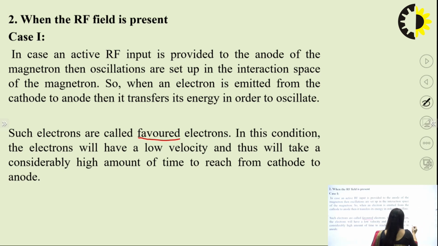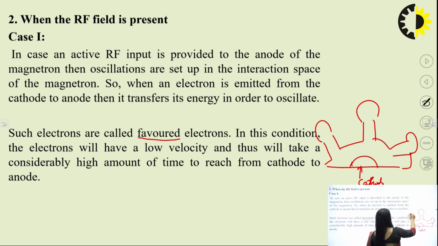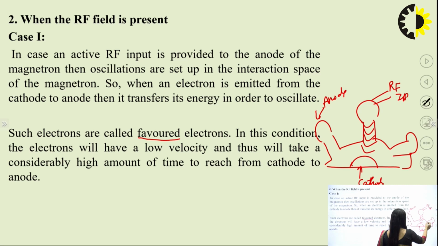If I draw a diagram of this magnetron like this, these are the cavities. I am drawing only half the diagram, right. So this is your cathode and these are the anodes, and we are saying that we are giving some RF input to the cavity. So oscillation will be produced here. So this type of oscillation will be formed in the cavities of the magnetron, right.